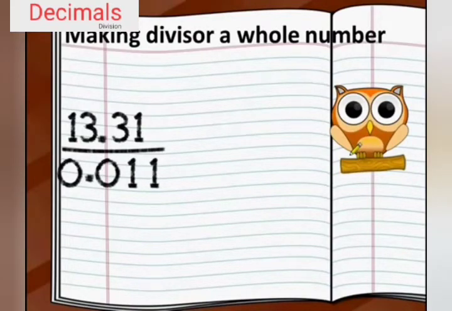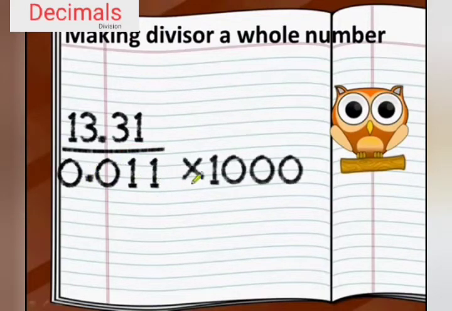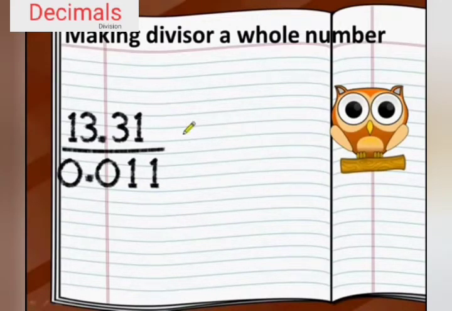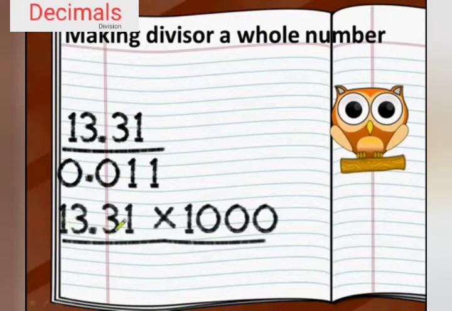Okay, so here if we see another example, in the denominator we have 3 digits after the decimal. So what will we do? We will multiply with a number having 3 zeros, that is, we will multiply it by 1000. Now if we are multiplying 1000 in the denominator, we will do the same thing in the numerator also. We will multiply 13.31 with 1000.